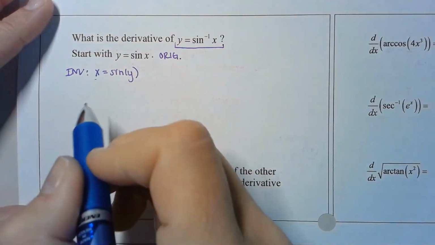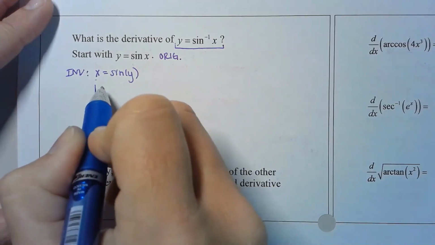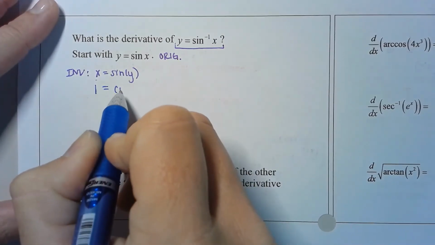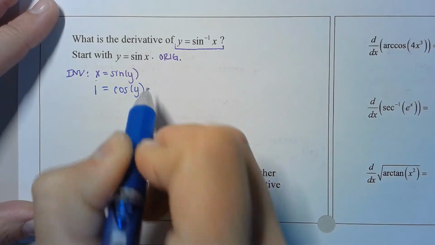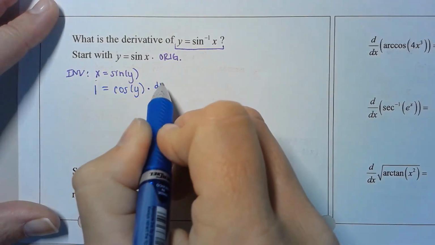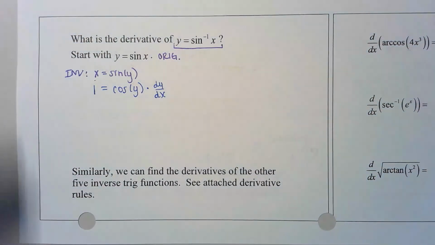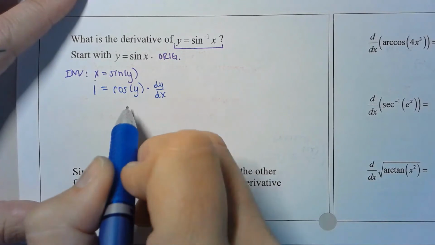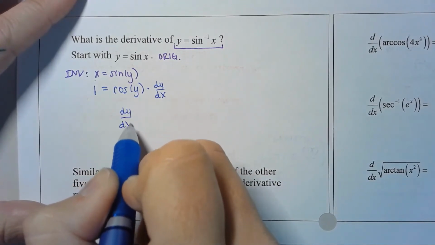Well, let's take the derivative. The derivative of x is 1. The derivative of sine of y is cosine of y. The chain rule says multiply by the derivative of y, which is dy dx. Great, so let's divide both sides by cosine y to get dy dx by itself.